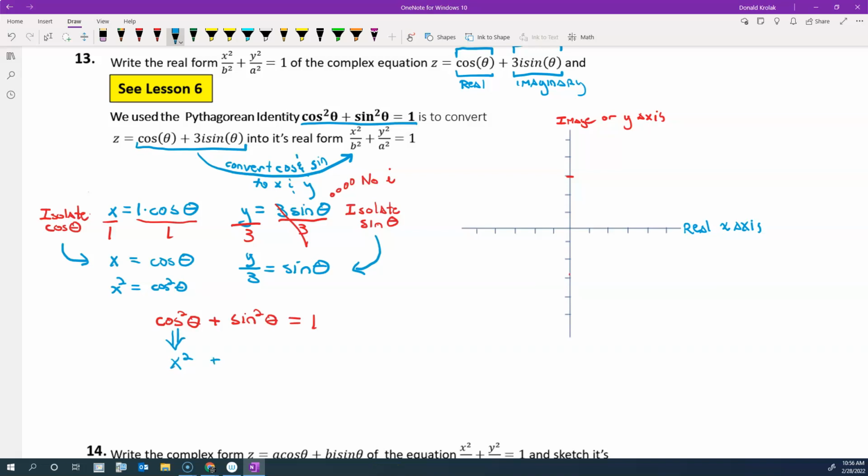If I squared both sides of this one, I'd have y squared over 3 squared, which is 9. So I can replace this with y squared over 9, and this whole thing equals 1. That's the real form of the equation.